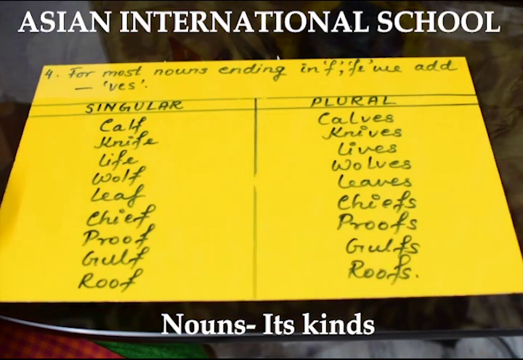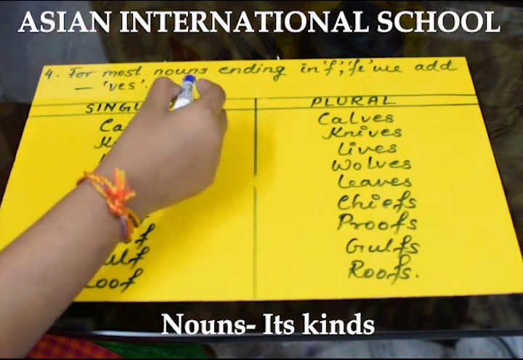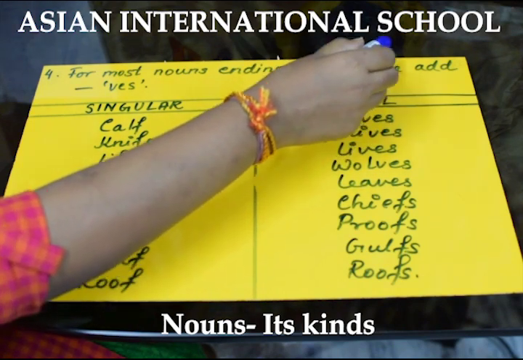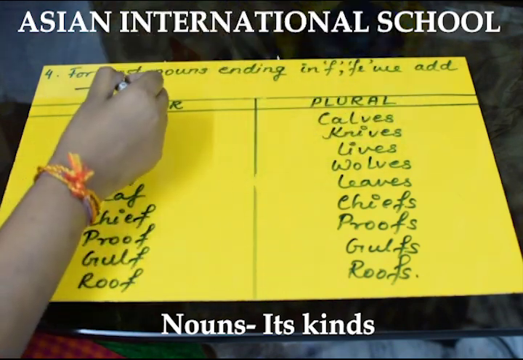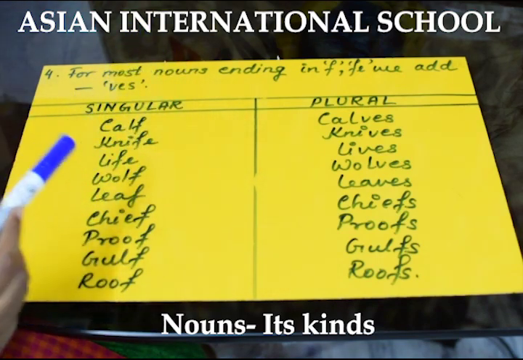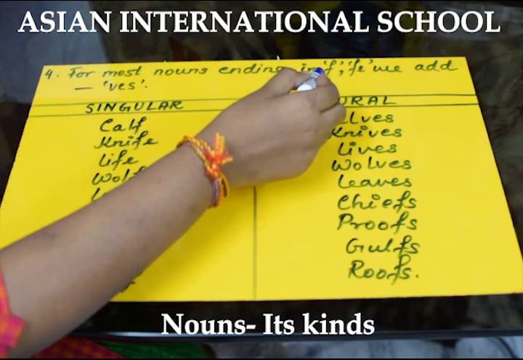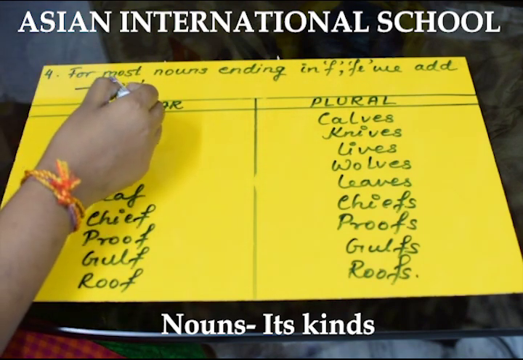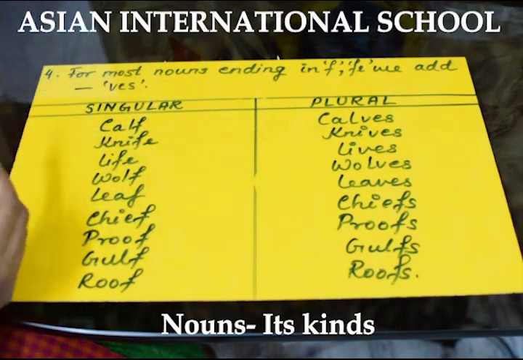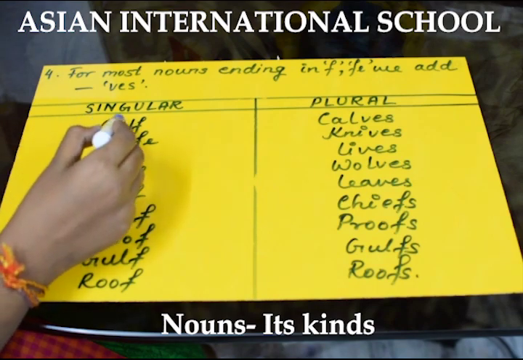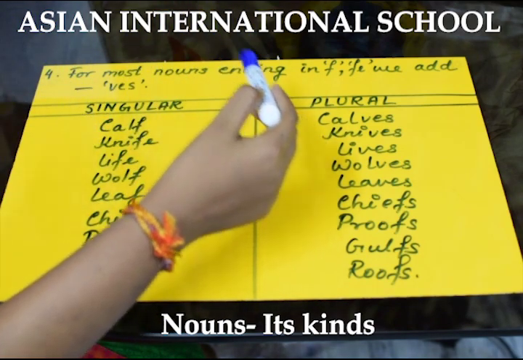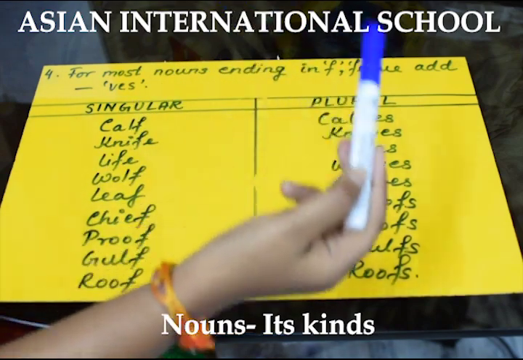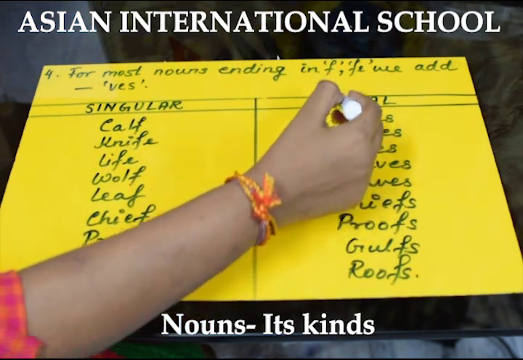Now point number 4. For most nouns ending in f and fe, we add ves. That means we remove f and fe and replace it with ves. Example, calf. Here, when we are changing this word into its plural form, we remove the f.